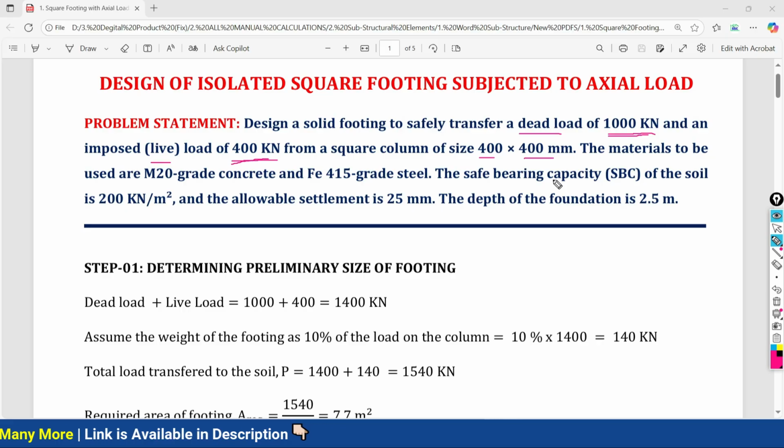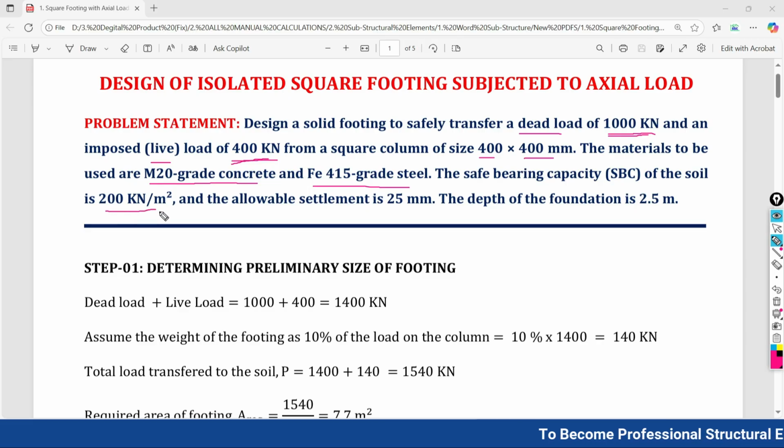The materials that we have to use for the designing of this foundation are M20 grade of concrete and Fe415 grade of steel. The bearing capacity of the soil at the proposed land is 200 kilonewton per meter square.